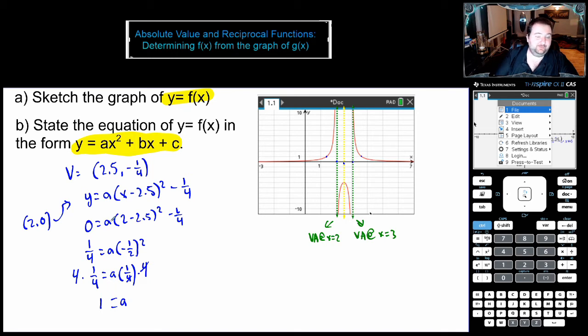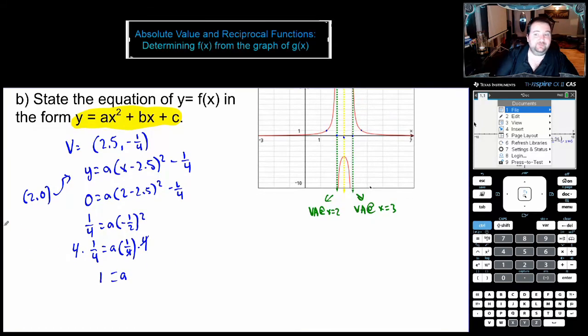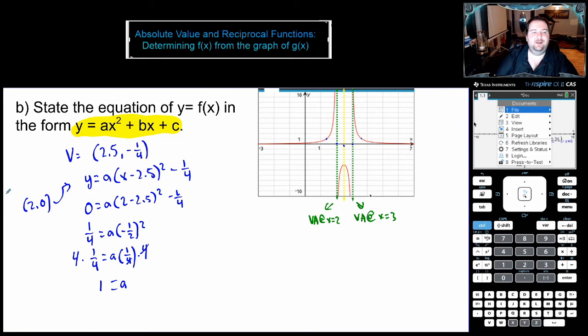At this point, we're kind of golden, right? The fact that a is 1 tells us that, remember, a in vertex form is the same as your a in your standard form. And of course, another thing we know is that these vertical asymptotes are our x-intercepts.